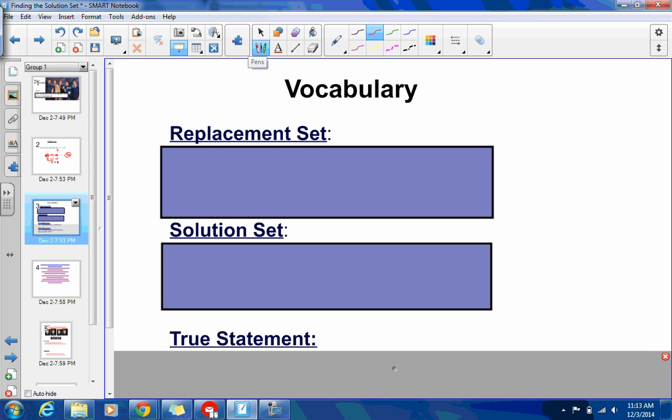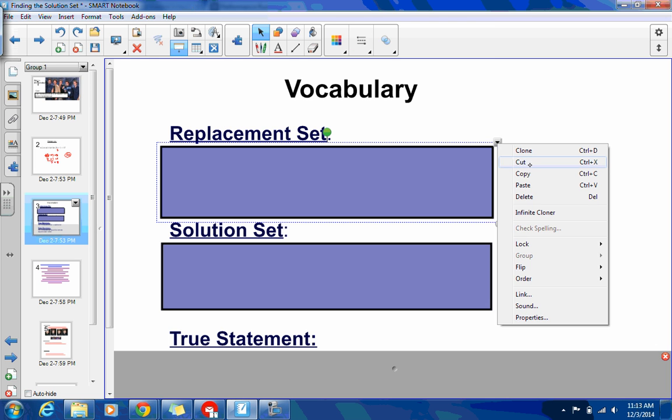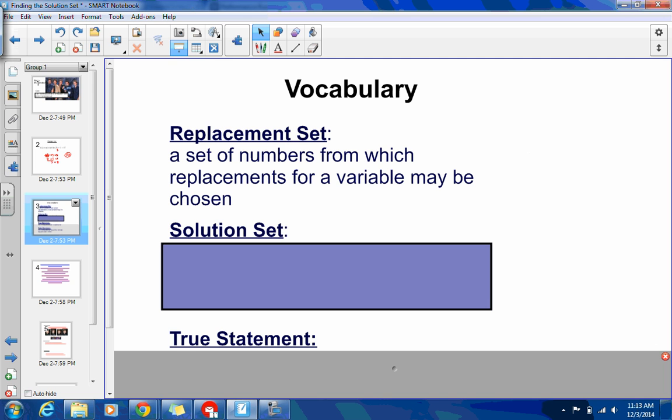So to start us off, a couple terms you're going to need to know. 2 of the terms that are in the goal are right here. Finding, using a replacement set. So a replacement set is, very simply, a set of numbers from which replacements for a variable may be chosen. So you'll be given an equation.